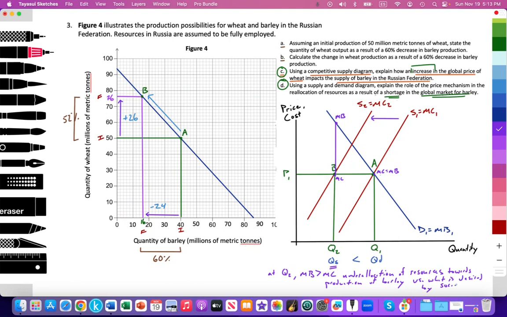Society wants a quantity of output at Q1. That's where the quantity of demand is, but we're only producing up to Q2.